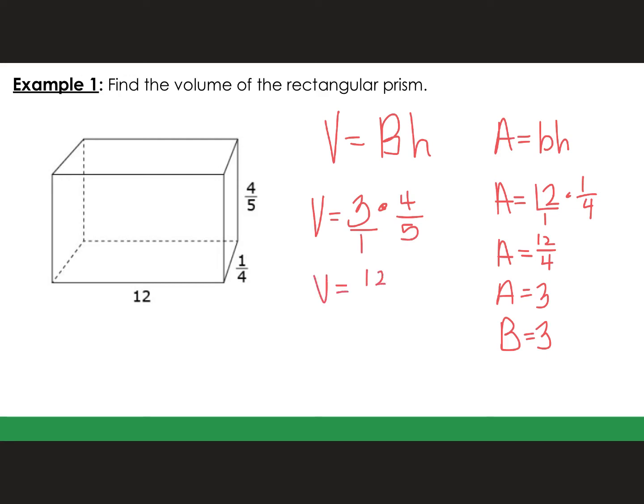So 3 times 4 is 12 over 5. We can change that back into a mixed number. And then it would be units cubed, to the 3rd power.